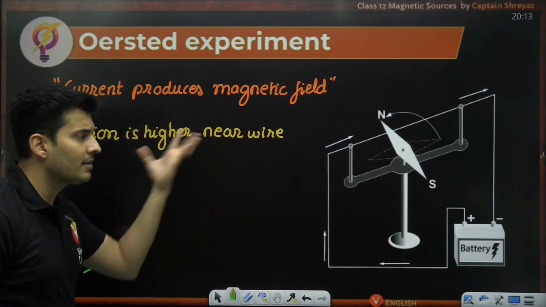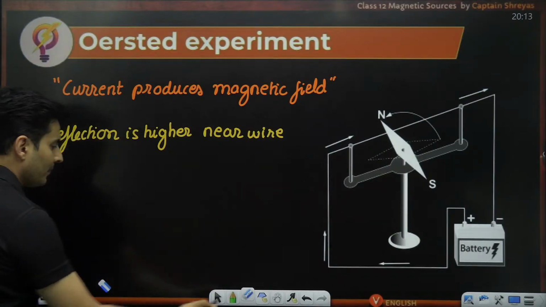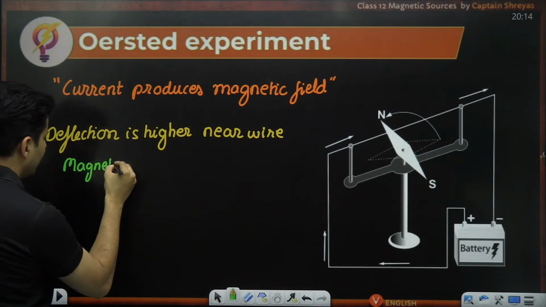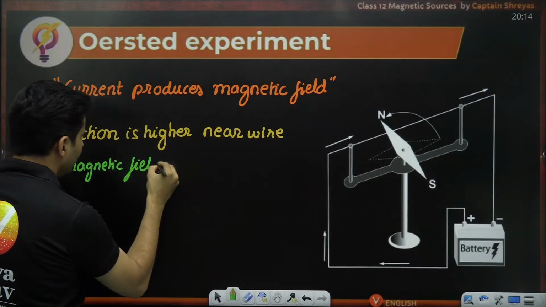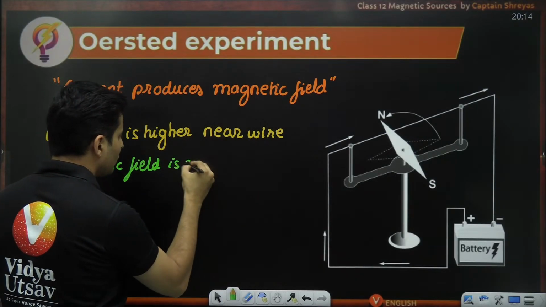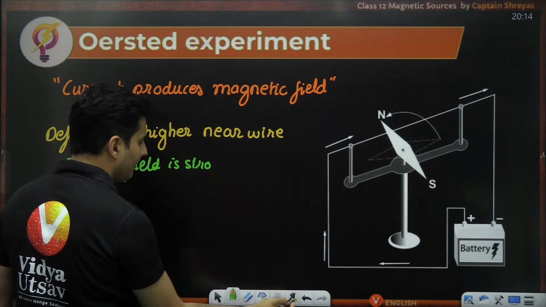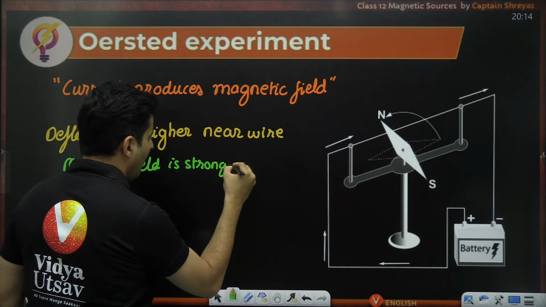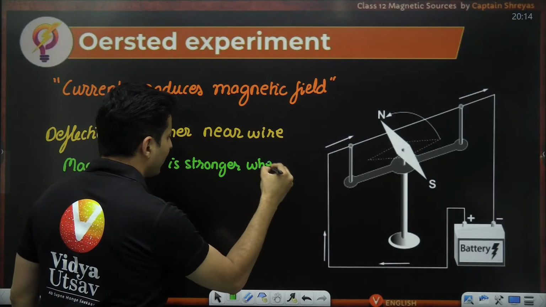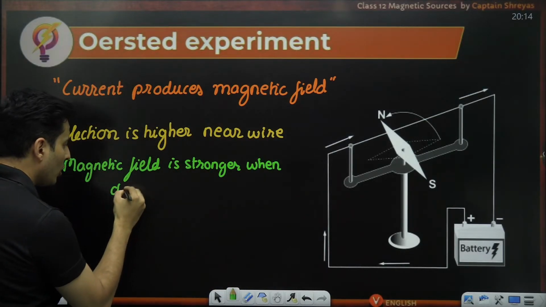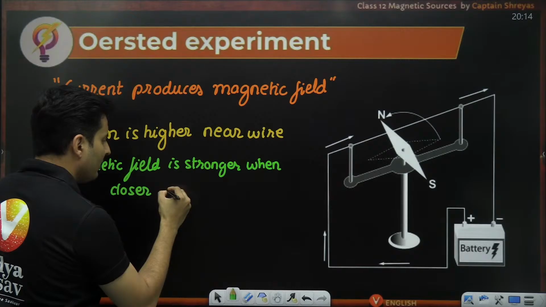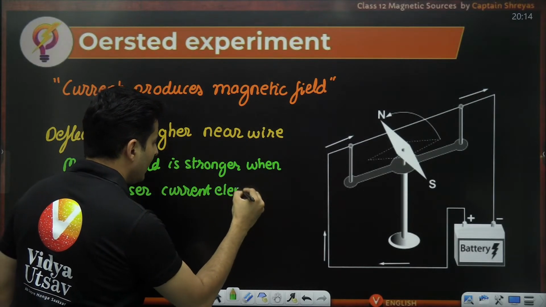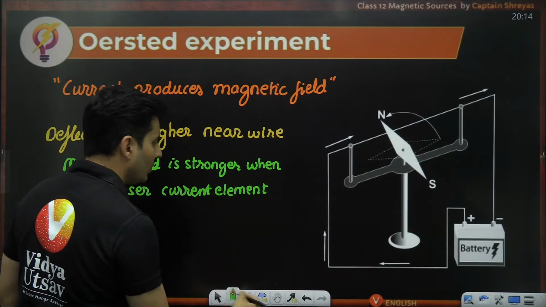It basically tells me the magnetic field is stronger when you are closer to the current carrying element. That is what it concluded.